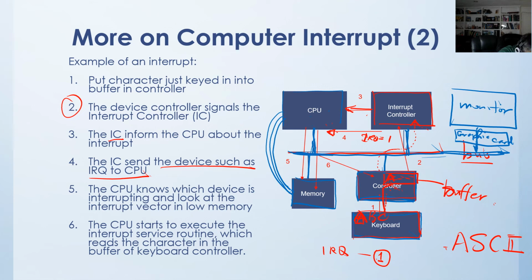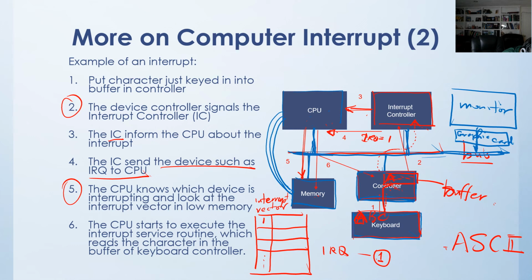The CPU says, "Hey, I know how to find out that information." So the CPU goes to step 5. The CPU goes to the memory location and finds the interrupt vector. Remember the interrupt vector, which contains a table.